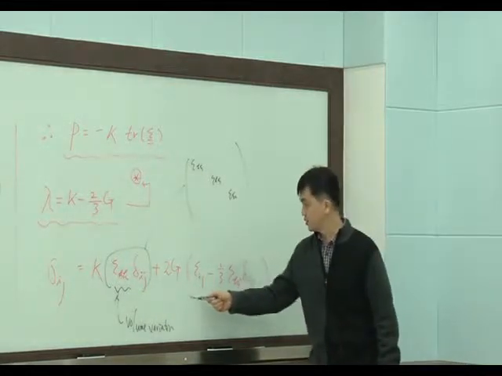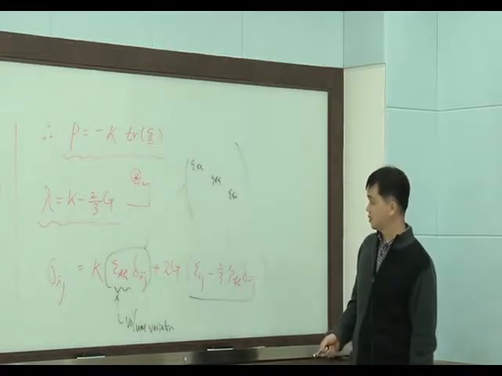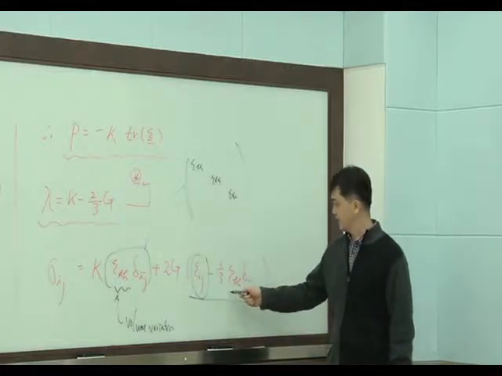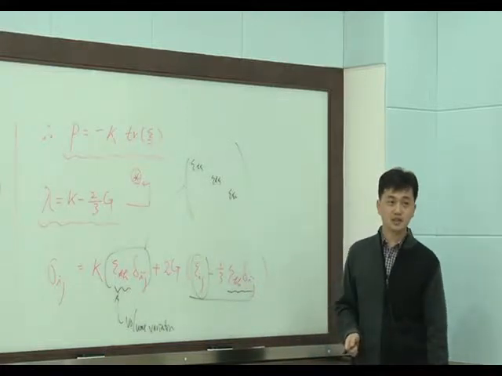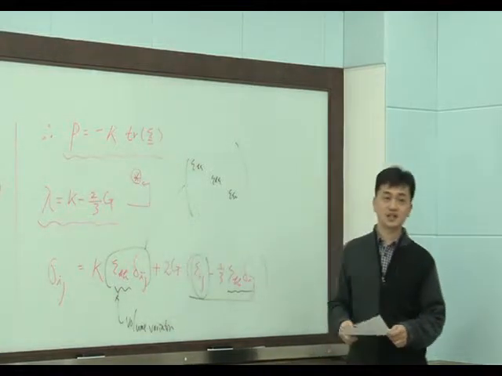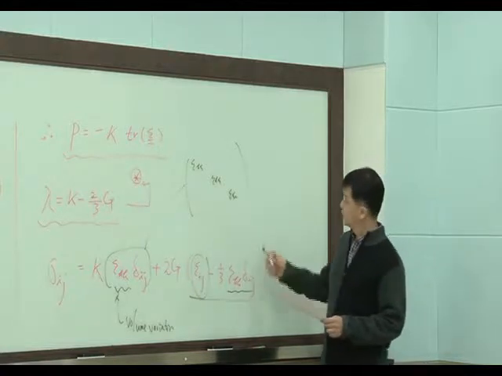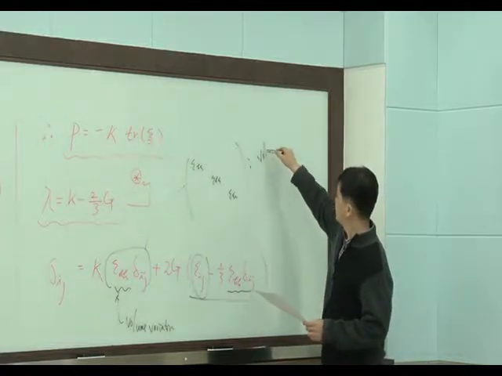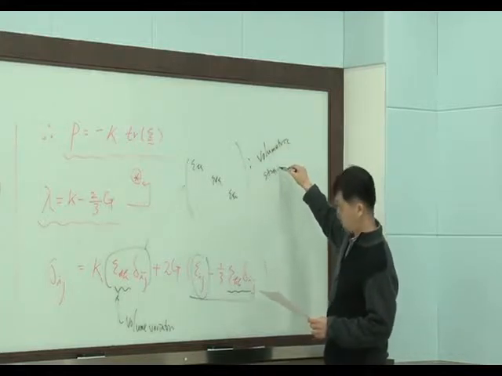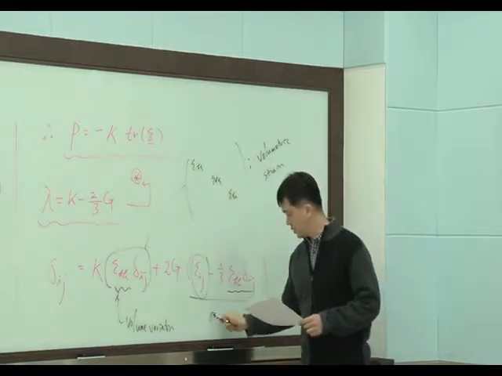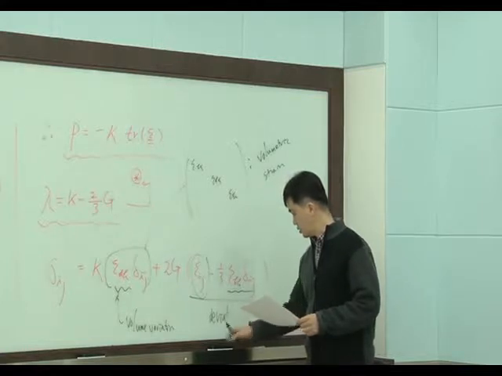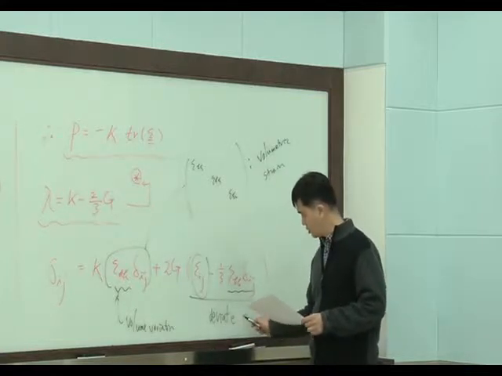And how about this part? From the strain, we subtract that volume part here, right? So we are saying this is a volumetric strain, and this is a deviator strain.